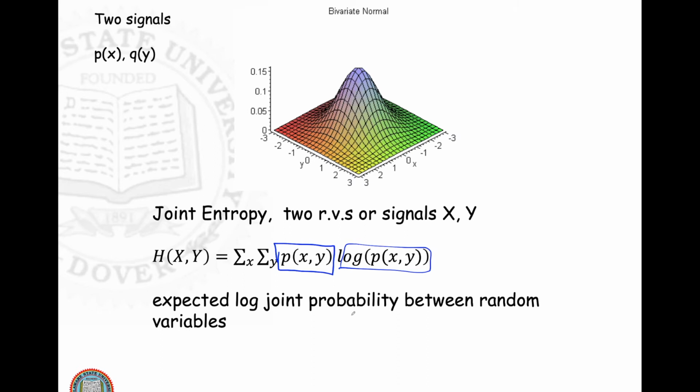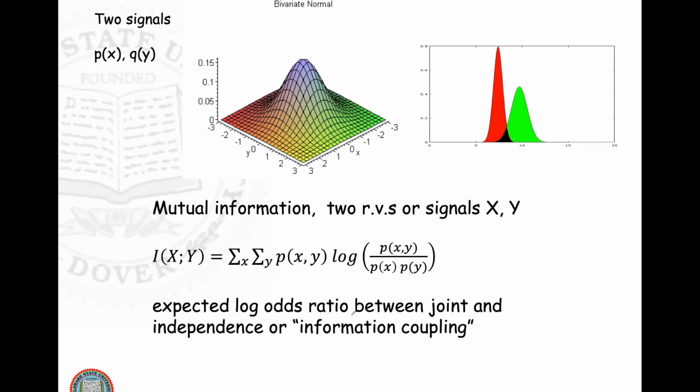All right. And so this joint entropy talks about the disorder or the number of bits to describe the number of outcomes, but in this case, it's a joint occurrence, the outcomes for this joint random vector. And so we can also talk about the mutual information. This mutual information takes our signals and says, okay, if they appear jointly, that means there's some information coupling between them.